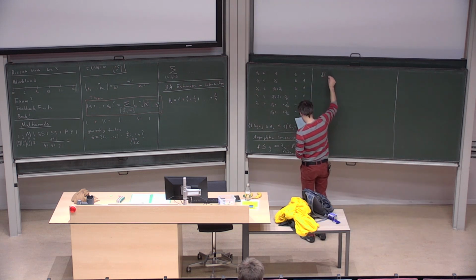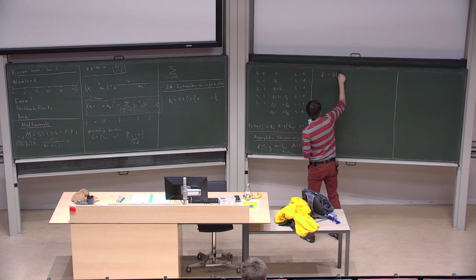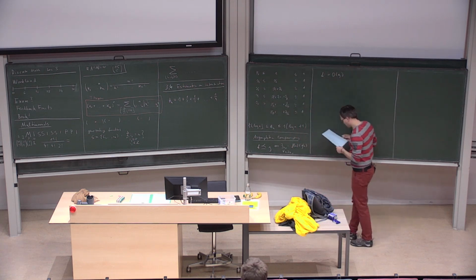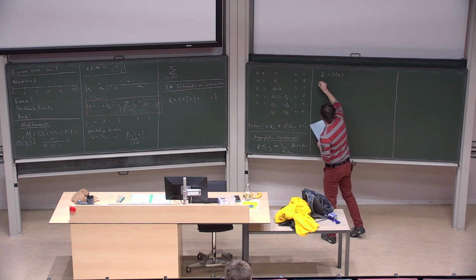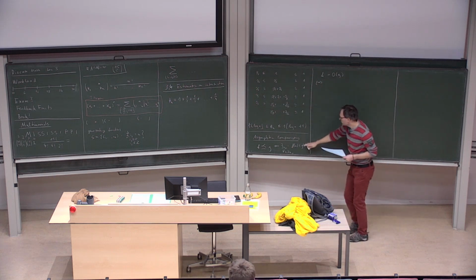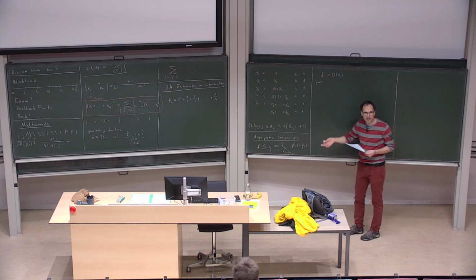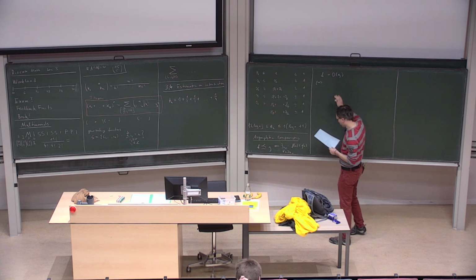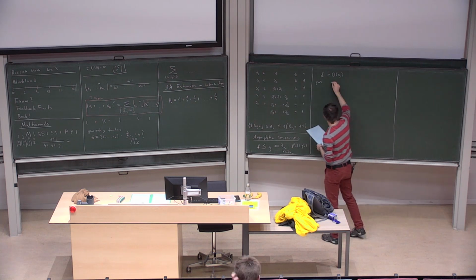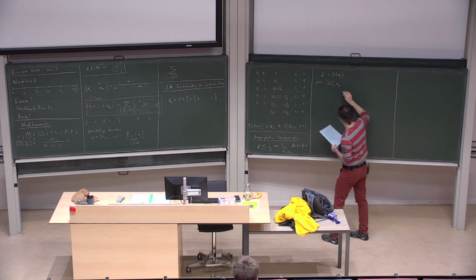So what we can say: F equals big O of G. Here we just say that at some point, one is higher than the other. But in this big O notation, we also allow some other constant n0.